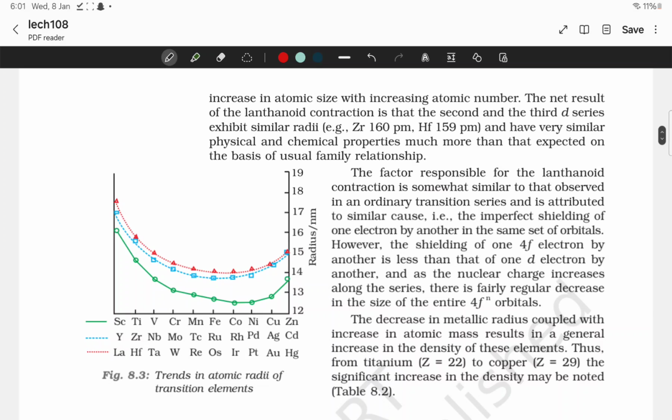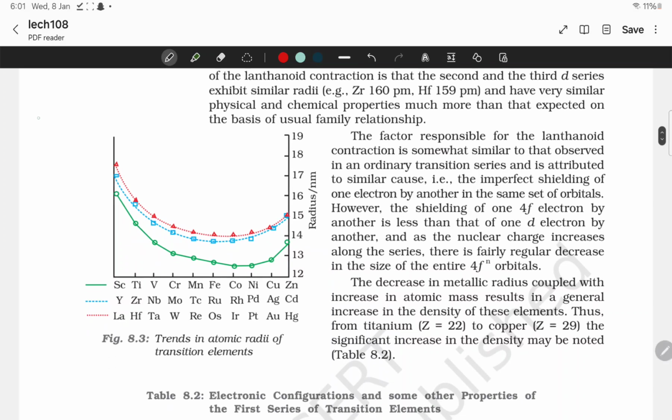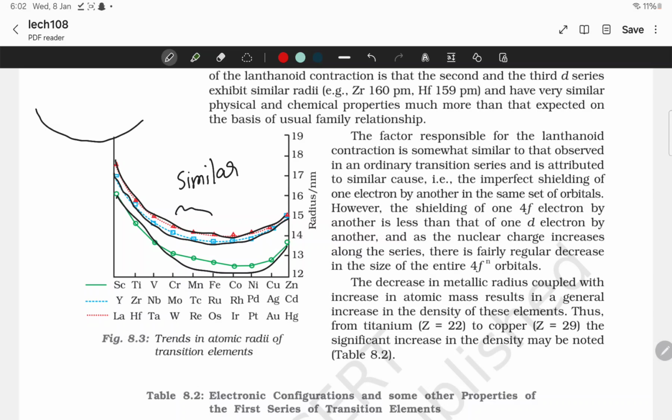Okay, look. The first transition series is like this. Next, the second transition series and third transition series have similar size. You know that as we go down the group, size should increase. But the problem here is that the second and third transition series have similar size.